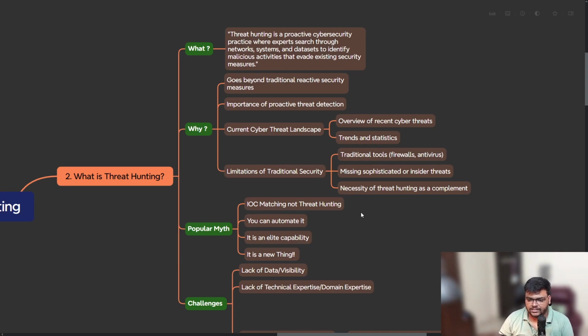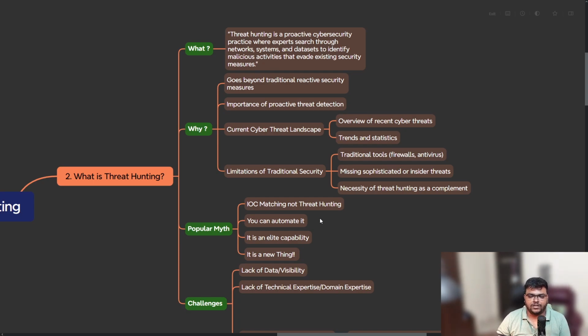You can automate some portion of it, like the bits and pieces in between, that we will discuss when we start implementing a threat hunting program in our lab environment. So we can discuss what else can be automated, but you cannot entirely automate the full process.